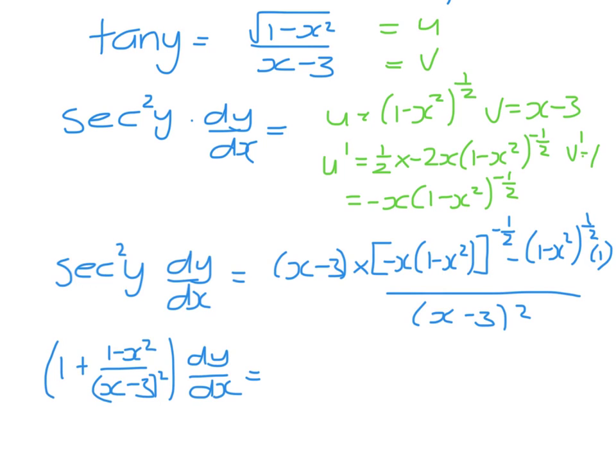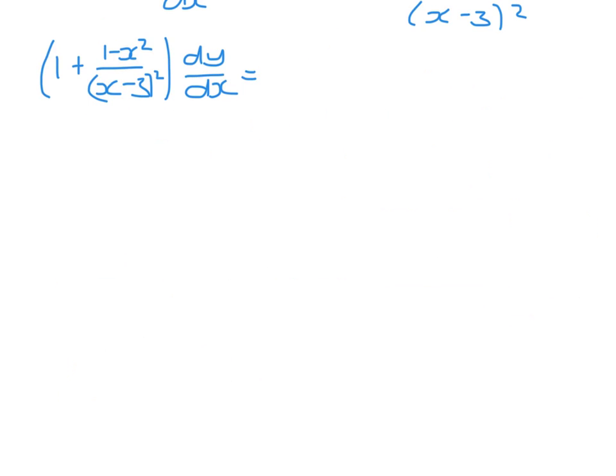And what we're going to do is we need to divide both sides by this, but remember that's the same as multiplying by its reciprocal. So before I can do that, we need to rewrite it as a single fraction. It becomes (x minus 3) all squared plus 1 minus x squared all over (x minus 3) all squared.